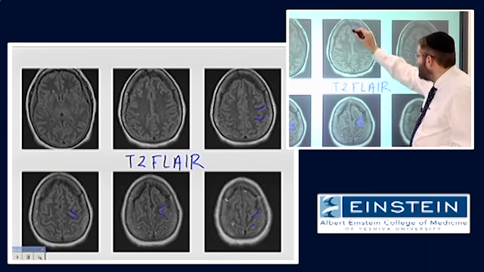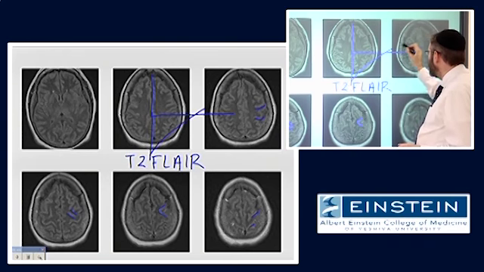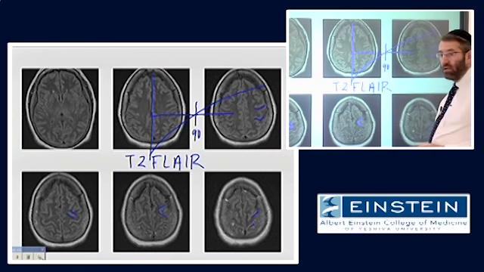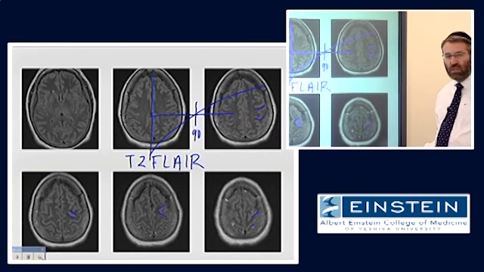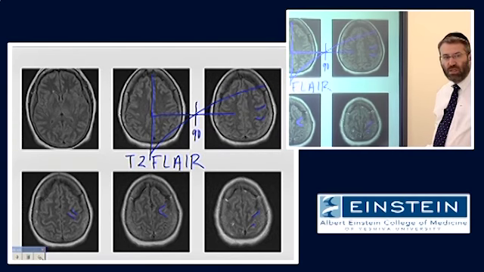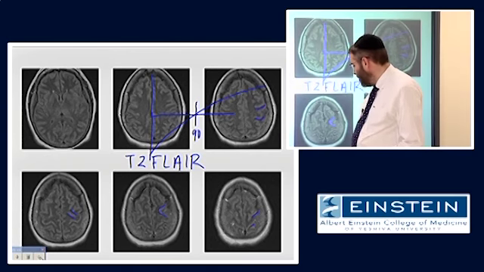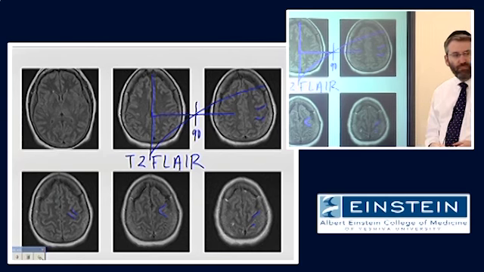Well, if we're talking about inversion recovery, CSF does this. We need to give our 90-degree RF pulse here at the null point of CSF in order to eliminate signal from CSF. Well, this is based on knowing the T1 of CSF.